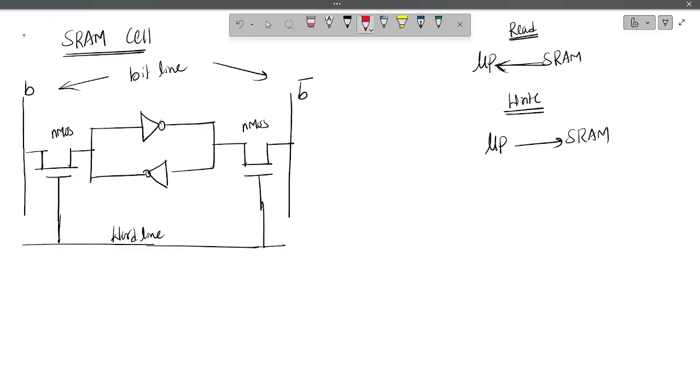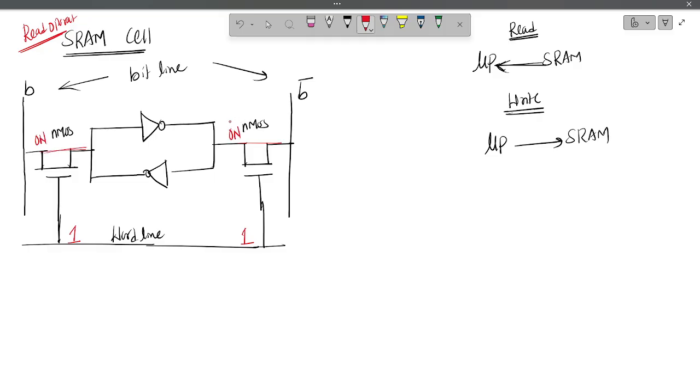First, the read operation. How will the read operation happen? First the processor will activate the word line. When the word line becomes 1, these two transistors will be on.